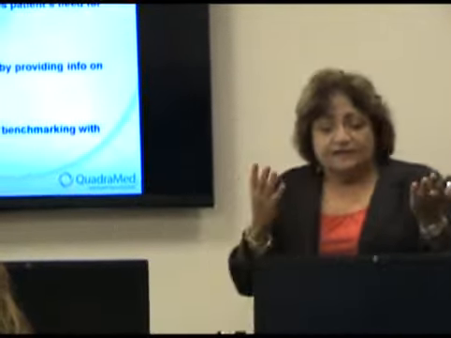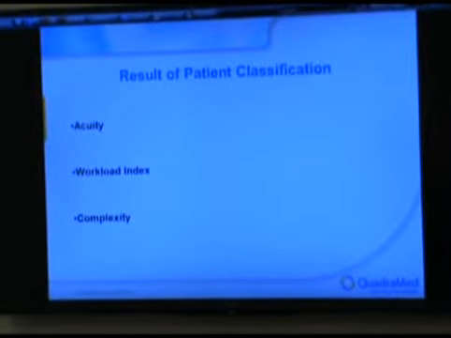Does that make sense to you? So in complexity, the indicators that are weighed higher, have a higher weight associated with them, are those that must be performed or require a professional care provider. And complexity has 5 types, acuity has 6. Okay, so the results of the classification are acuity, complexity, and workload.